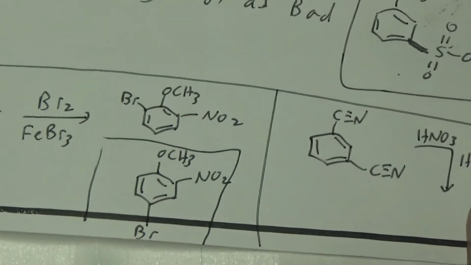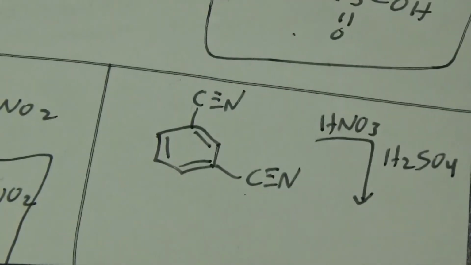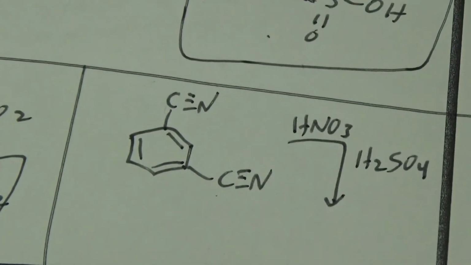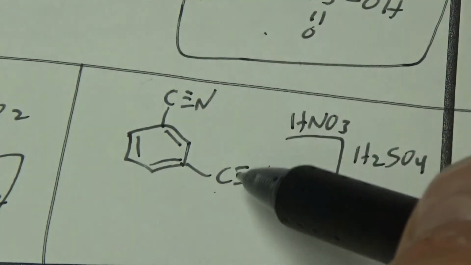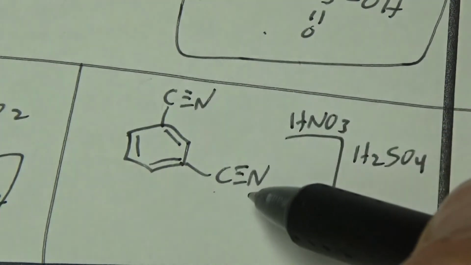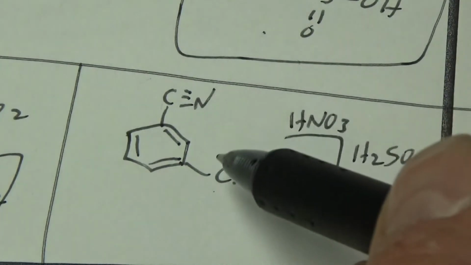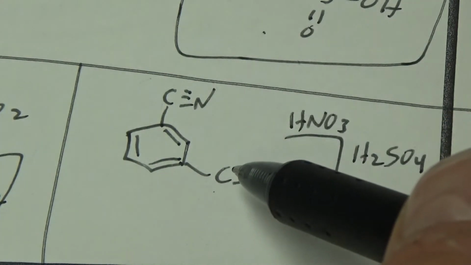Okay. So this one's easier, right? First of all, you ask yourself, are these ortho-para directors or are they meta directors? Well, this is easy because they're the same, and if you look in our chart, these are kind of like ketones and aldehydes and all those things, and these are meta directors, right? So they're both meta, so they're both saying the same exact thing.